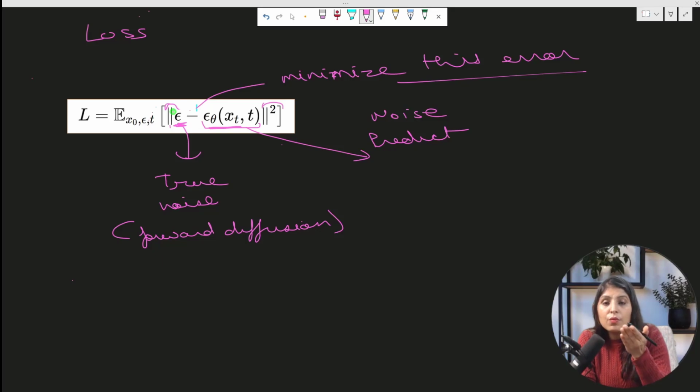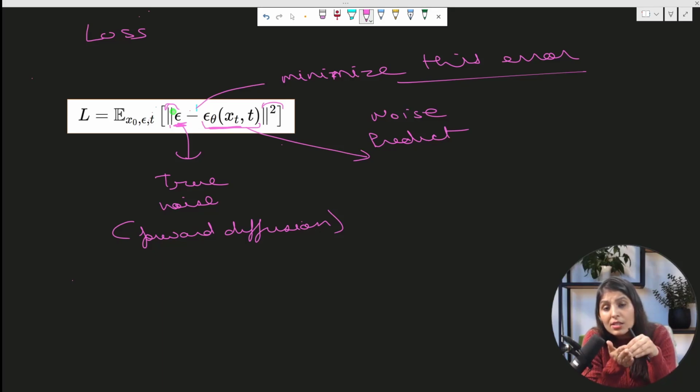We want to remove the noise at each time step. And if the noise our model predicted and the true noise from the forward diffusion process are almost the same, what will happen then? Just imagine what will happen if your model has learned properly about the noise.